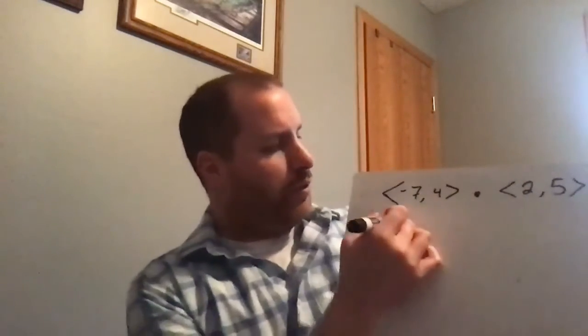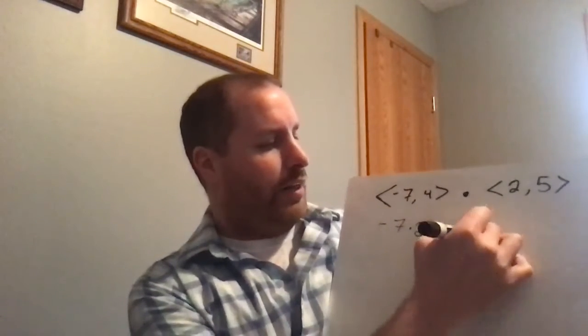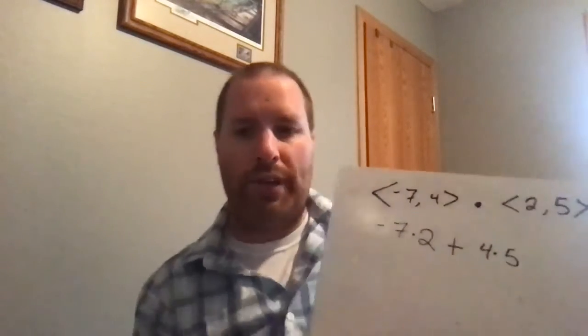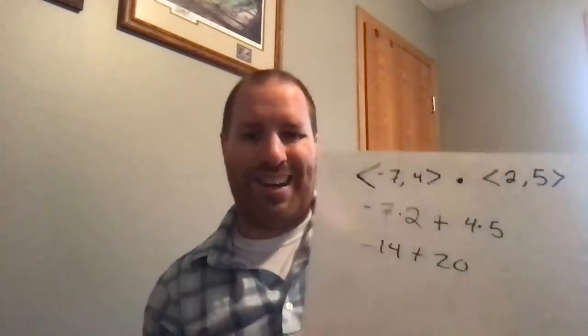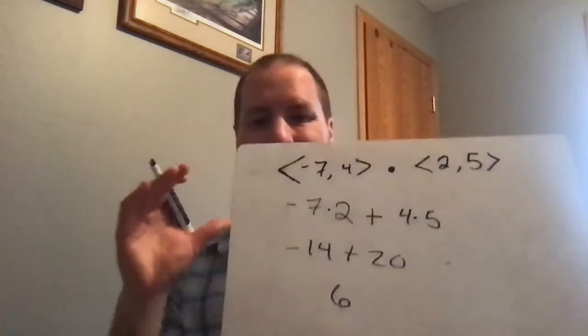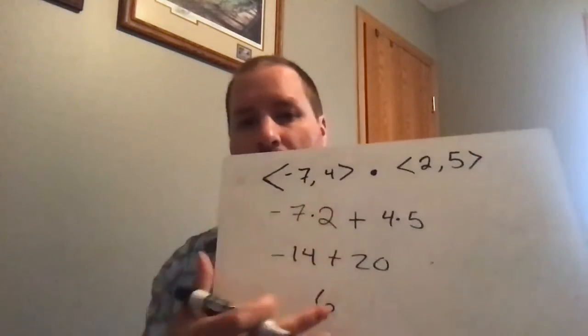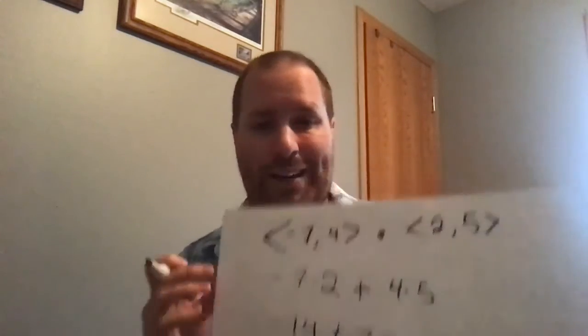That's all there is to it. -14 plus 20. So the dot product here results in 6. And that's how we would do the dot product. You multiply their components, and then you add up those pieces.